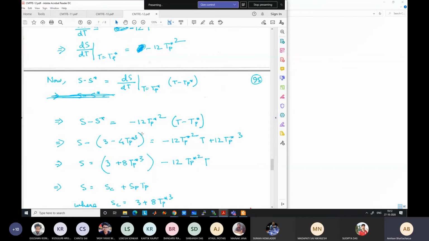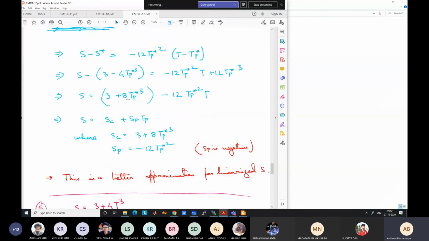By rearranging, you can put it in this form: S is equal to 3, bringing this 3 to this side, plus 8 TP star cubed. Here we have 12 TP star cubed, and another 4 TP star cubed coming from this side, which becomes negative here: 8 TP star cubed minus 12 TP star squared into T.